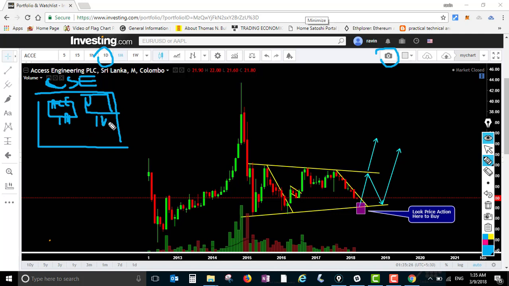1 week. Then go to 1 day. Likewise, you can keep 3 charts of one stock, right? This is where you can learn thoroughly how to analyze a particular chart technically.